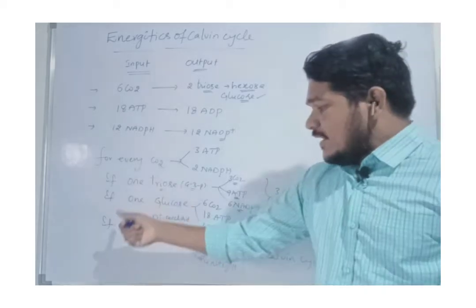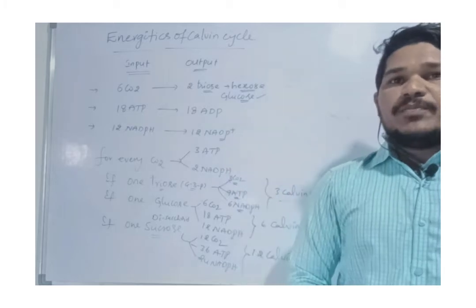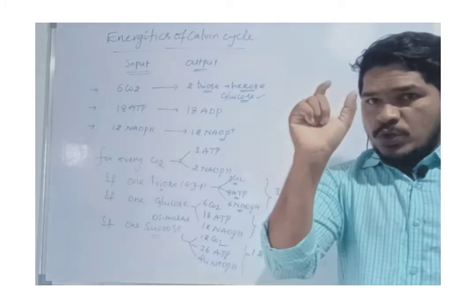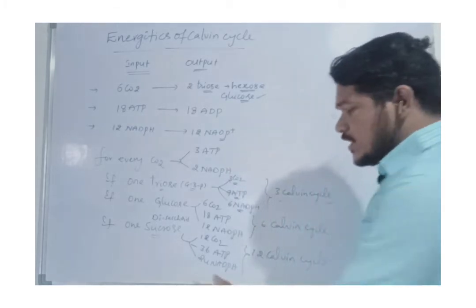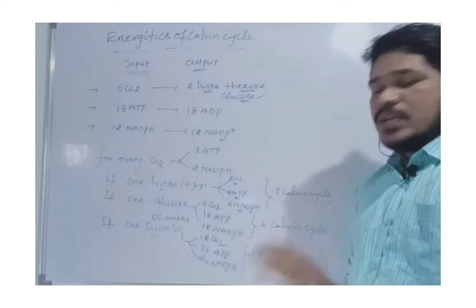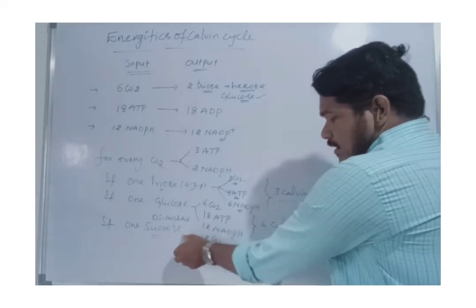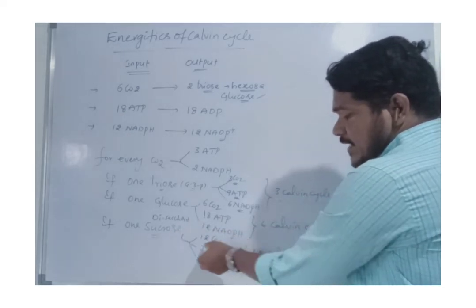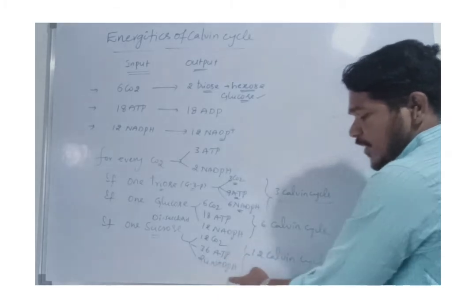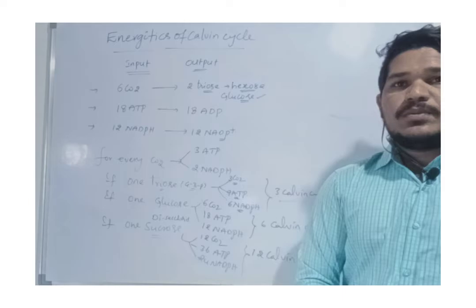And then for the formation of one sucrose molecule, sucrose is a disaccharide, so it is made up of two monosaccharide units, glucose and fructose. So here 12 CO2 molecules, 36 ATP molecules and 24 NADPH molecules are required for the formation of one sucrose.